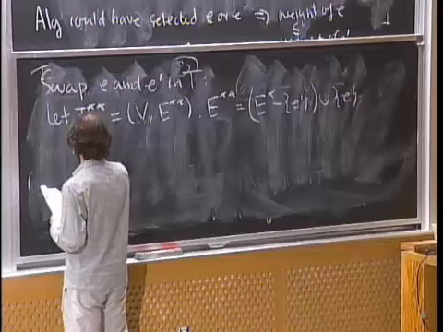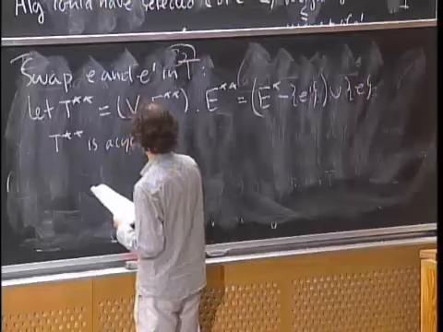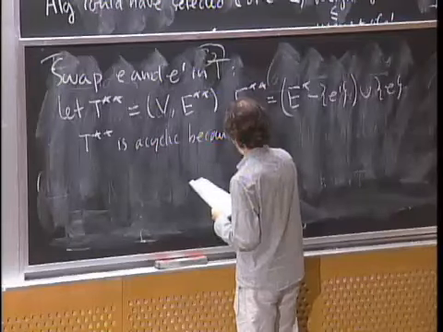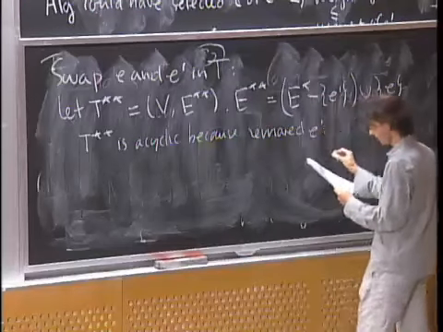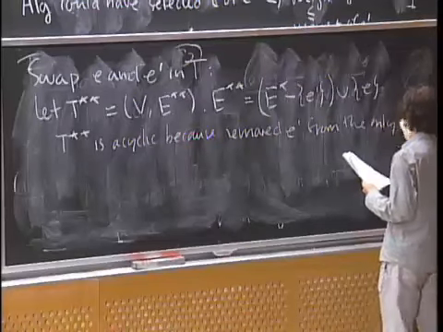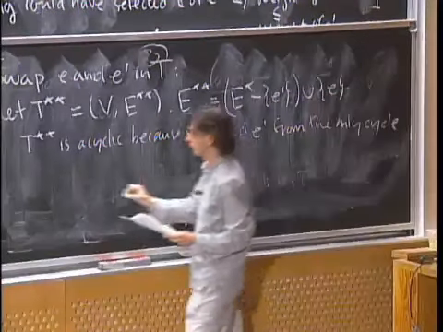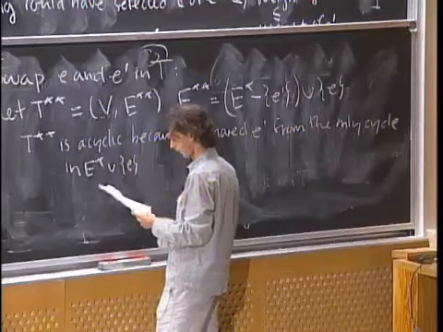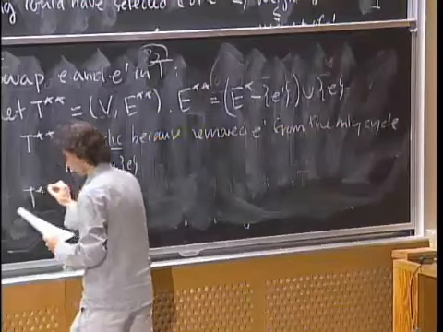So what do we know? We know that T double star is acyclic. And why is this? Well, we actually removed E prime from the only cycle. So look up here also. The only cycle in E star together with E. So it's acyclic. T double star is also connected.